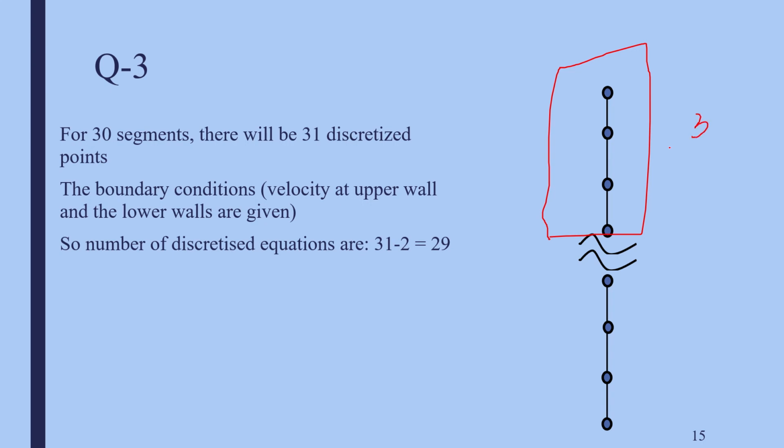How many points are we having in this zone? We have 1, 2, 3 and 4. So for 3 segments, we have 4 points, including the top and the bottom points as well.